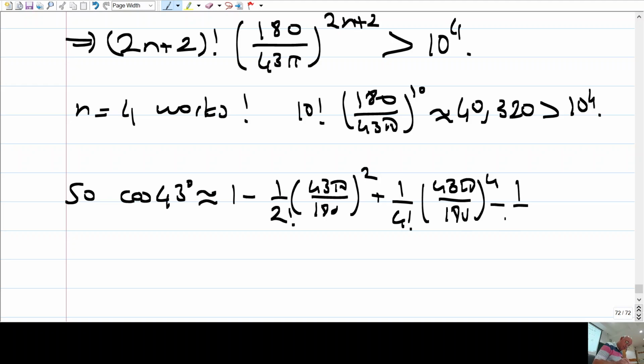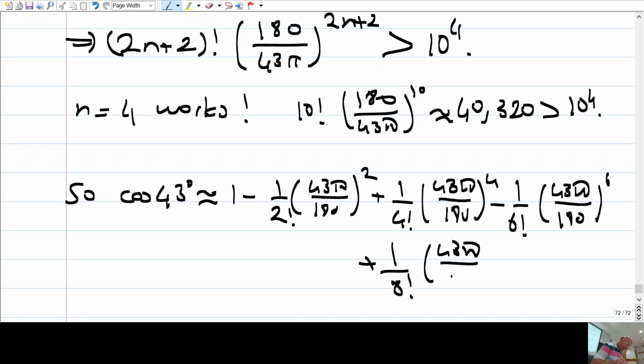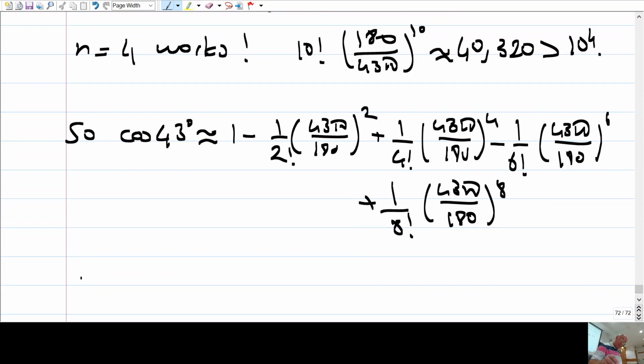And then 1 over 6 factorial times 43 pi over 180 to the power 6, plus 1 over 8 factorial times 43 pi over 180 to the power 8. So with error less than 1 over 10,000.